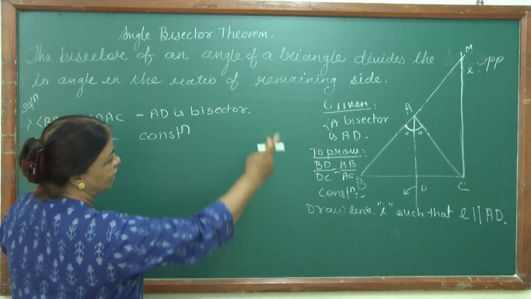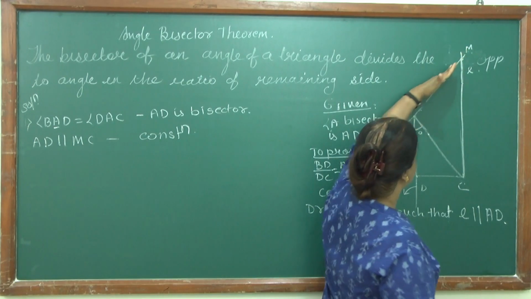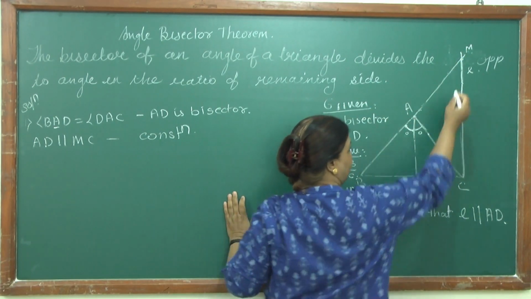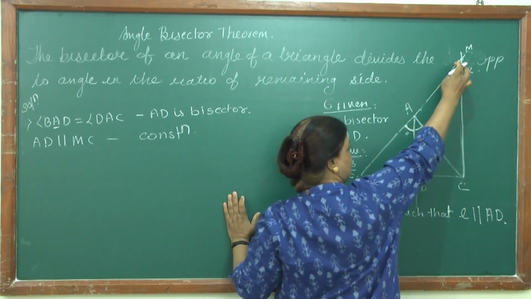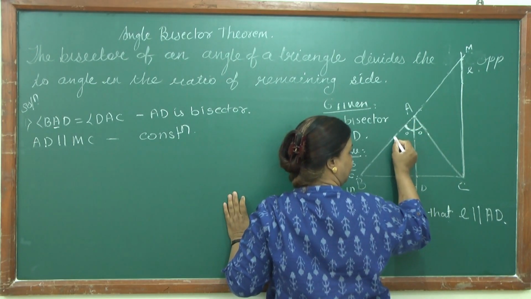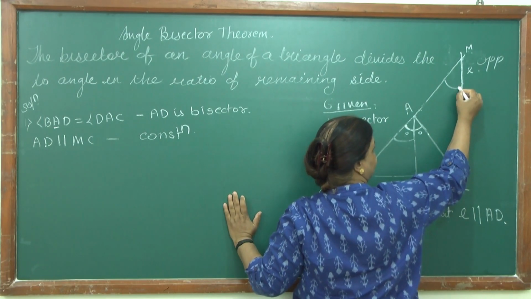When AD is parallel to MC and if MA is a transversal, children, see, AD is parallel to MC and AMB is a transversal, then this angle, let me draw here, this angle is equal to this angle.